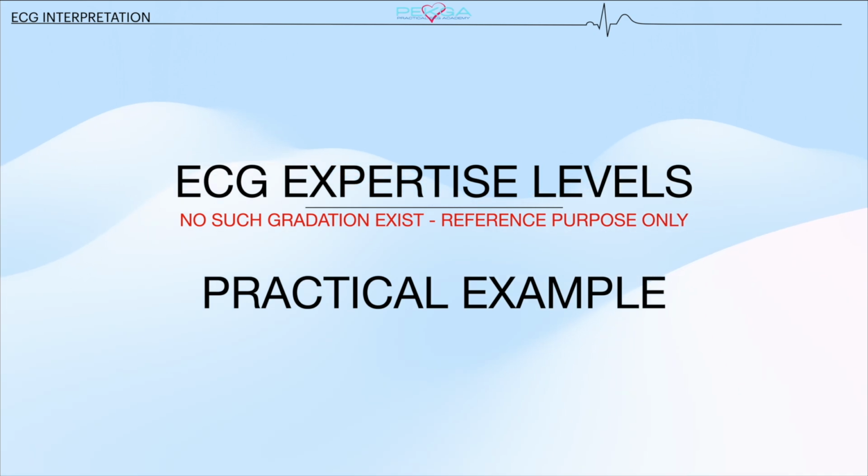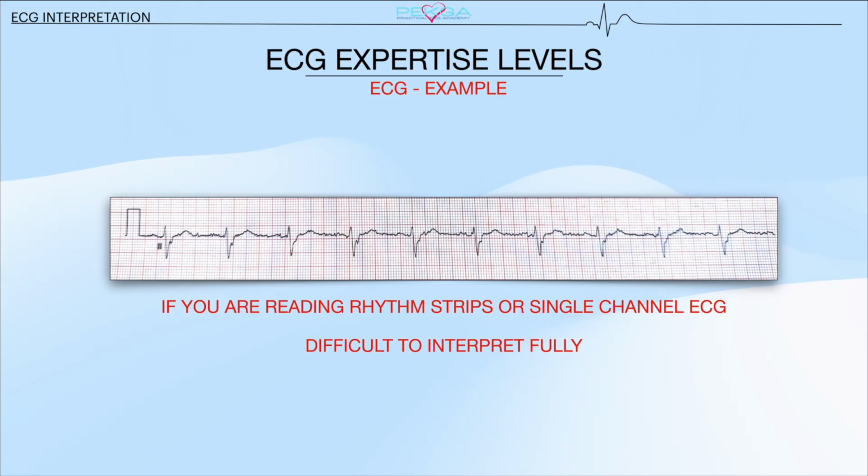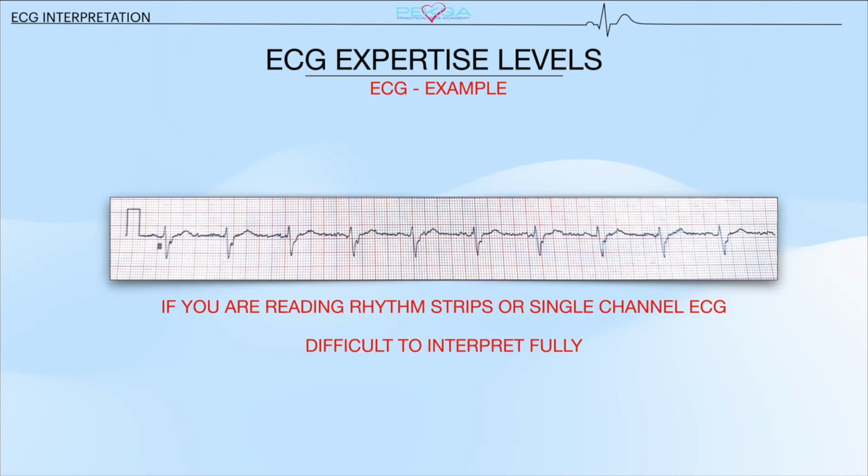We're going to the example. If you find yourself to be an expert or an advanced ECG interpreter, pause this video here and try to figure out what's going on. I am going to keep on going. We're just going to be looking here at this strip.